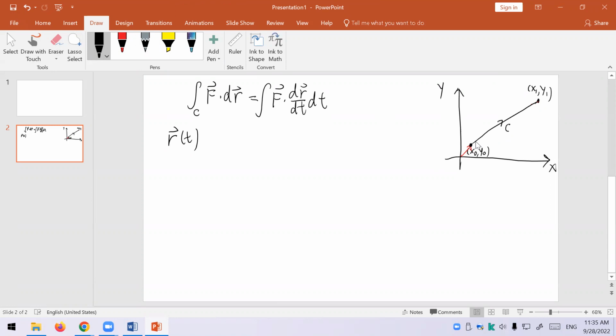So how do we do the parameterization? We know that this r as a function of t can be written as some function x(t) x hat plus y(t) y hat. So x represents the x coordinate of that particle at t, and y is the y coordinate of that particle at t.